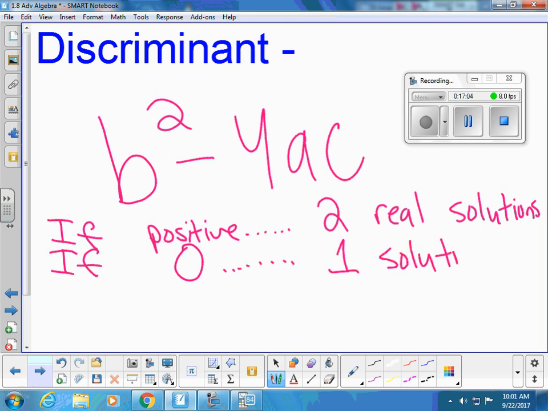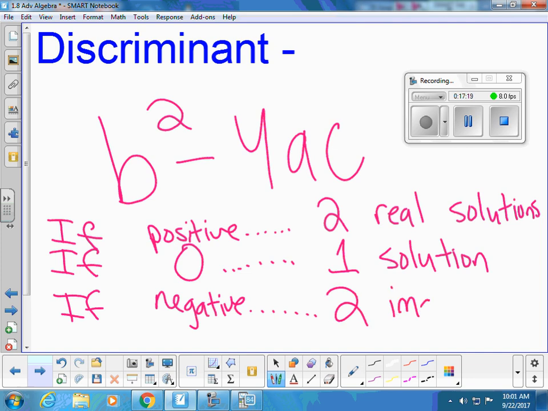And we saw an example like that, didn't we? And then if your discriminant is negative, guess what? No real solutions. We just saw this. 2 imaginaries. I knew at least one person pays attention. Thank you, Ryan. Ryan's always paying attention even though he's so far away. 2 imaginary solutions.